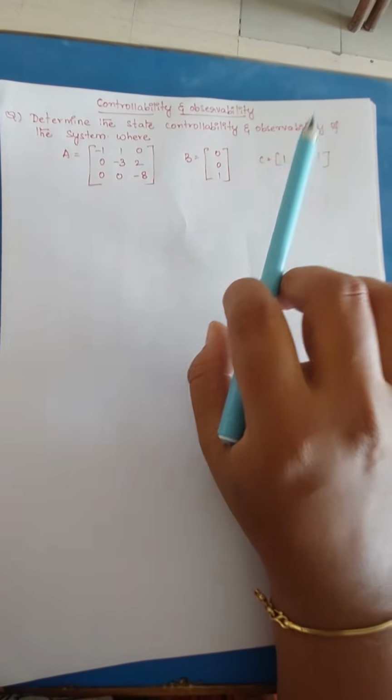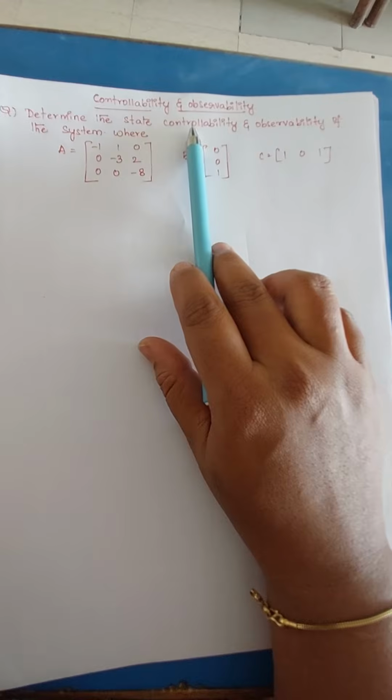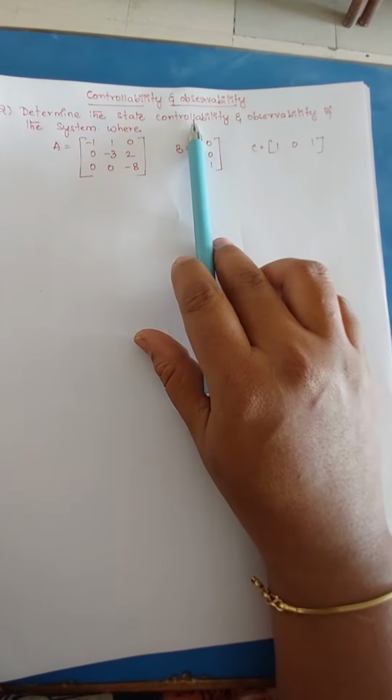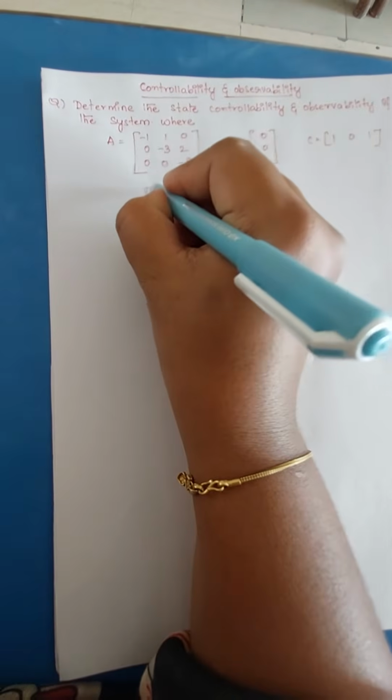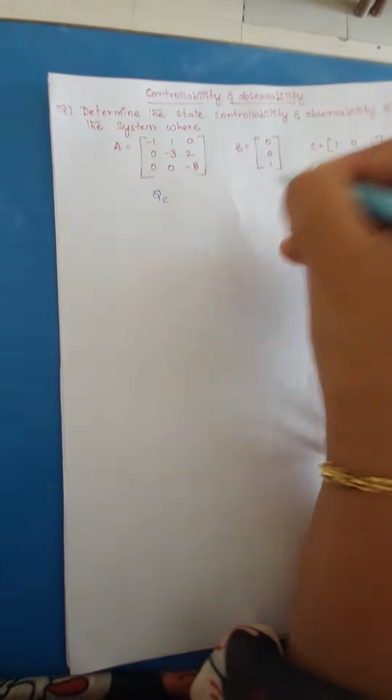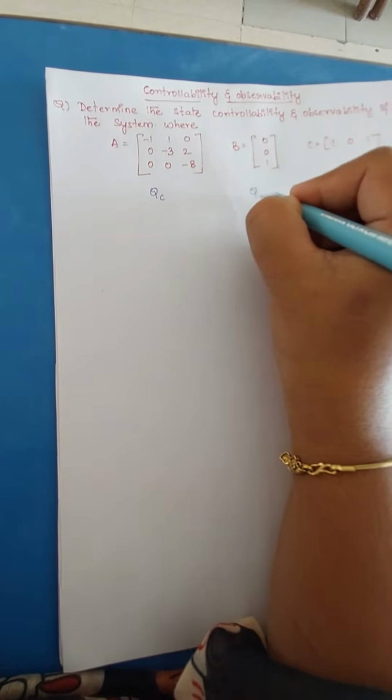First, for checking the state controllability and state observability, we have to find the controllability matrix QC and the observability matrix Q0.